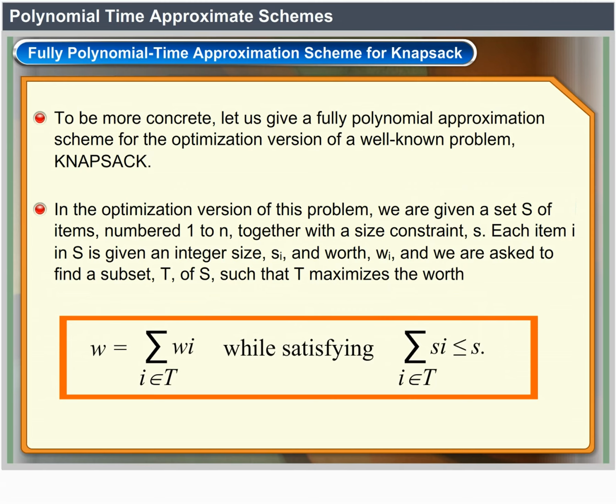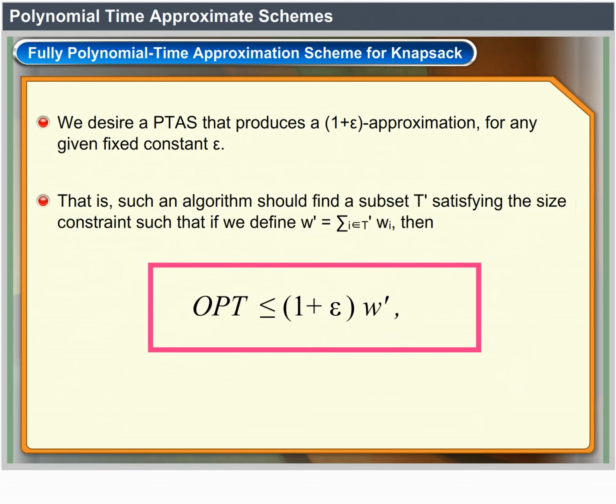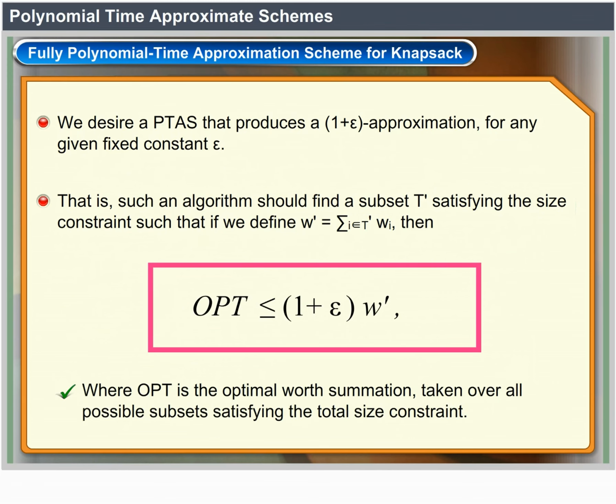We desire a PTAS that produces a 1 plus epsilon approximation for any given fixed constant epsilon. That is, such an algorithm should find a subset T' satisfying the size constraint such that if we define W' equals summation i belongs to T' wi, then opt is less than or equal to 1 plus epsilon times W', where opt is the optimal worth, taken over all possible subsets satisfying the total size constraint.